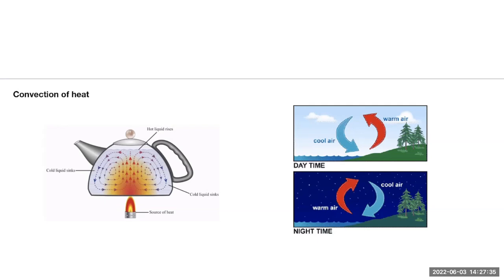And as they move, they can exchange their energy with the surroundings. In this case, you have boiling water on a stove. Near the bottom, near the flame, the temperature is high, and the water in this region is hotter than the region near the top.